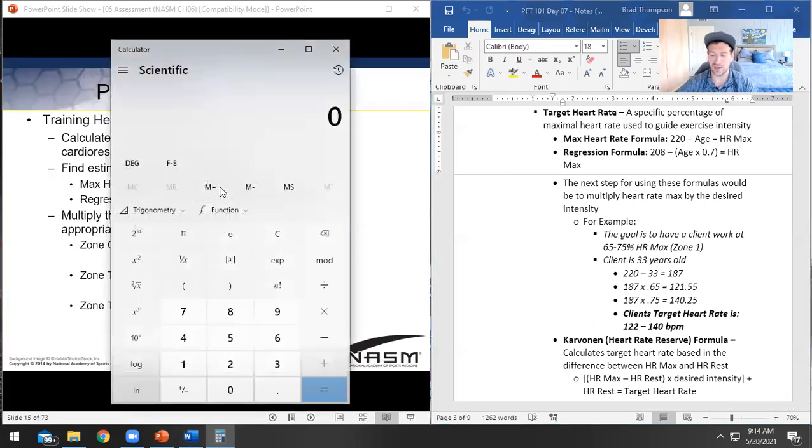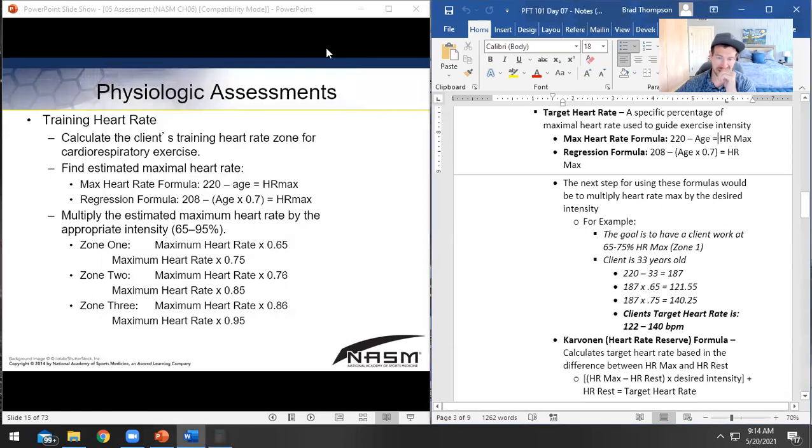So it would be 220 minus 33. That gives me a max heart rate of about 187. If I was 20, it'd be 220 minus 20. My max heart rate would be 200. So I could just take that right now and calculate those numbers out, and then say, all right, I want to work at 65% of that, right?